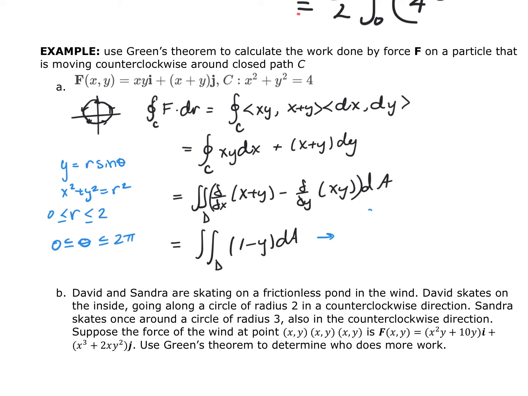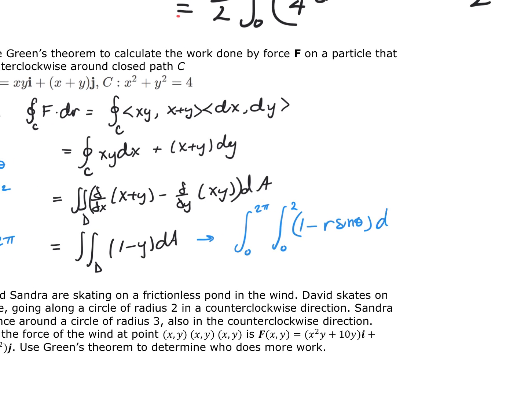So now I'm going to integrate, and it doesn't really matter which one I integrate with respect to first. I can do r, I can do theta. I think r might be the easier one to integrate first. So I'm going to go from 0 to 2 pi on my theta, which I'll do last, and from 0 to 2 on my r, of 1 minus r sine theta dr d theta.